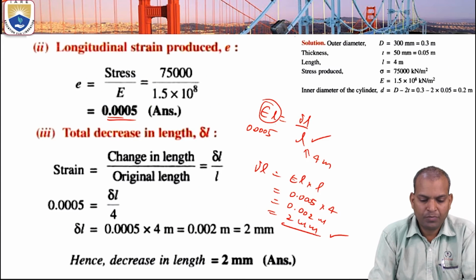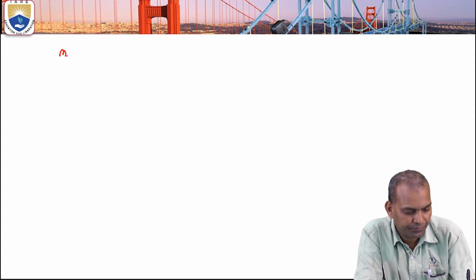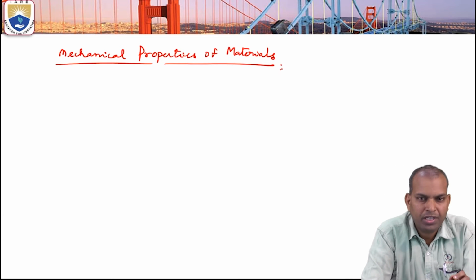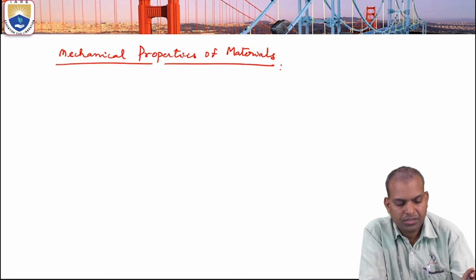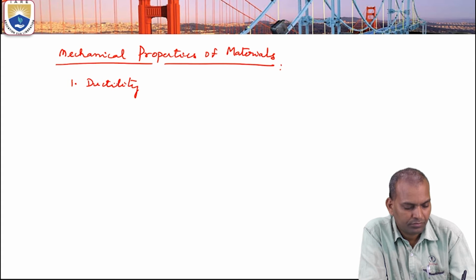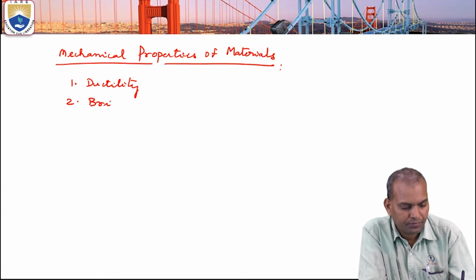Coming to next, what are the properties of the materials? Mechanical properties of materials. There are various mechanical properties of materials. First one is ductility. Second one is brittleness.